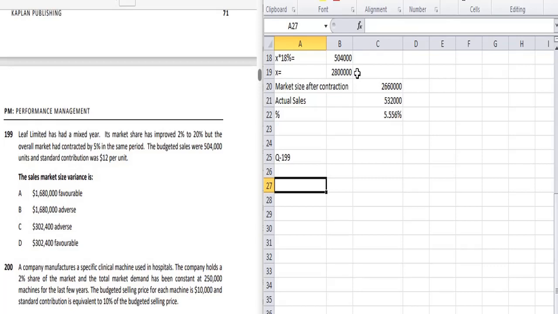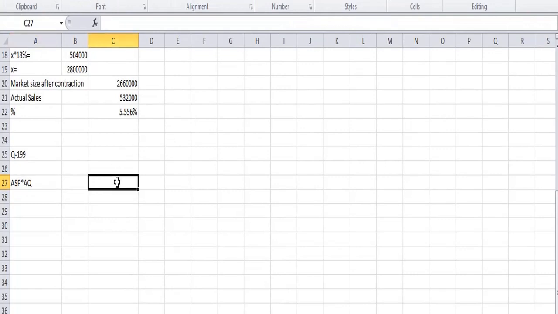For sales I'm making this chart. First of all, actual selling price into actual quantity sold, and then actual quantity sold. Then this one is for the price: revised selling price into actual quantity sold, and revised budgeted selling price, then budgeted selling price into actual quantity sold.